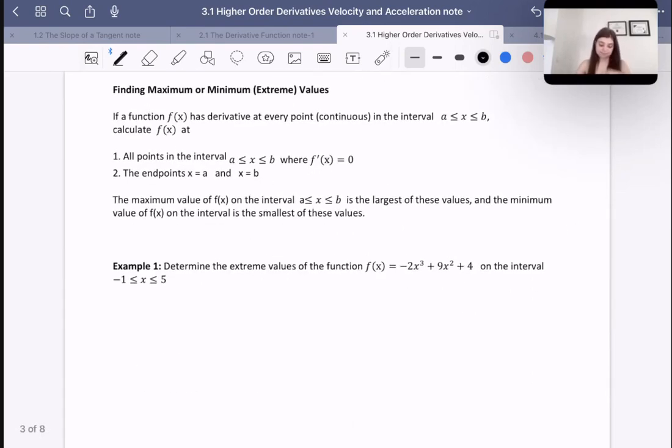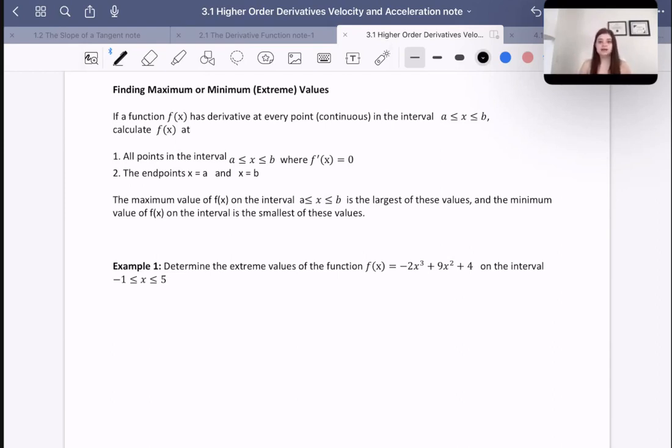Okay, so here it says, if a function f of x has a derivative at every point in the interval, then we can calculate f of x at all the points on the interval where f prime of x is equal to 0 and at the endpoints, right? So if it's a function that has endpoints, we need to figure out what are the values of the endpoints, and also where are the values where f prime of x is equal to 0, right?